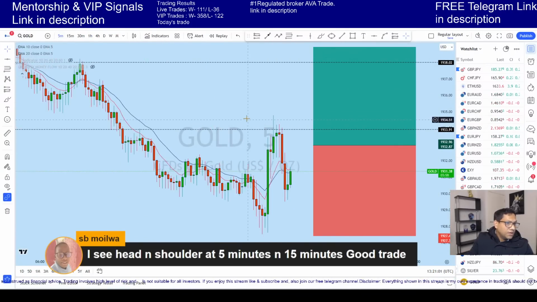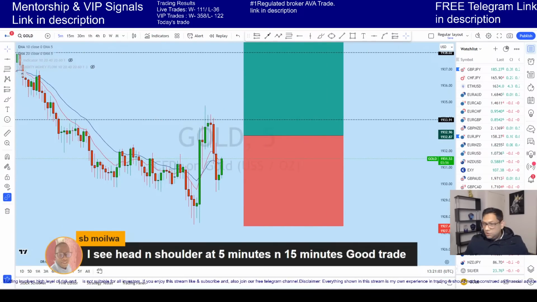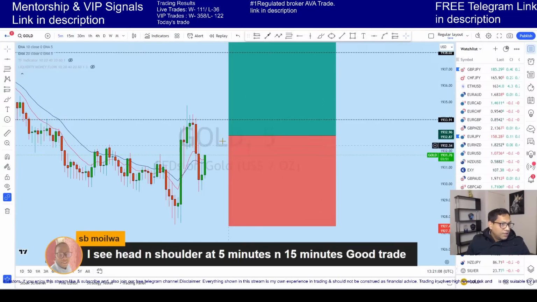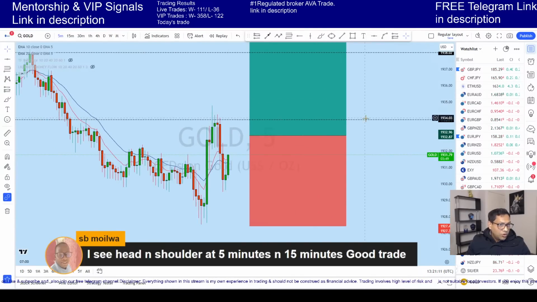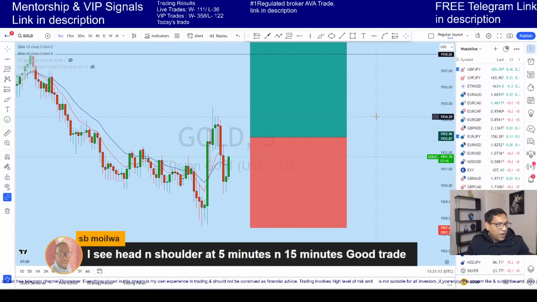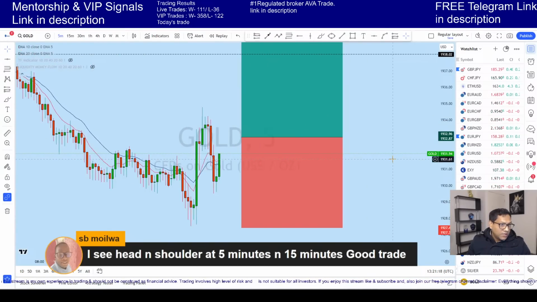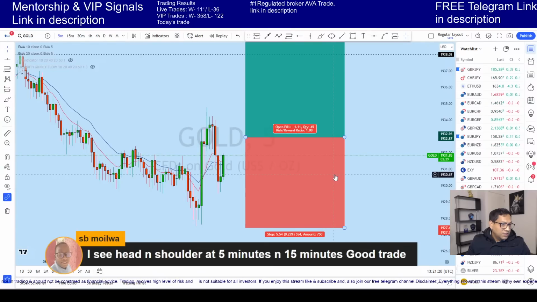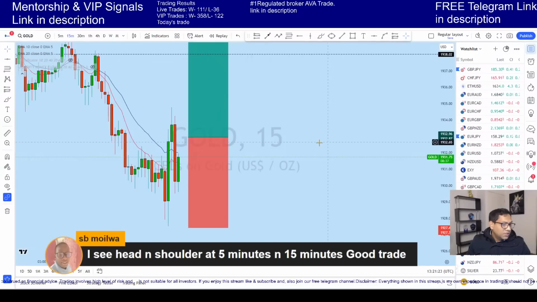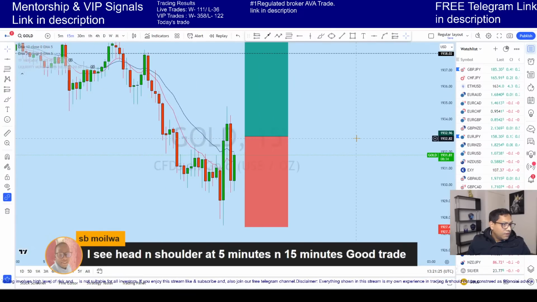So we see that some momentum coming, and we need to see that the market has gone back to our entry, and then if it is going to our entry or in a profit zone, then we might be able to take some profit or close it, or we'll manage the trade based on the new price action. But here we see that there is a probability for this upside. I think there is still possibility.